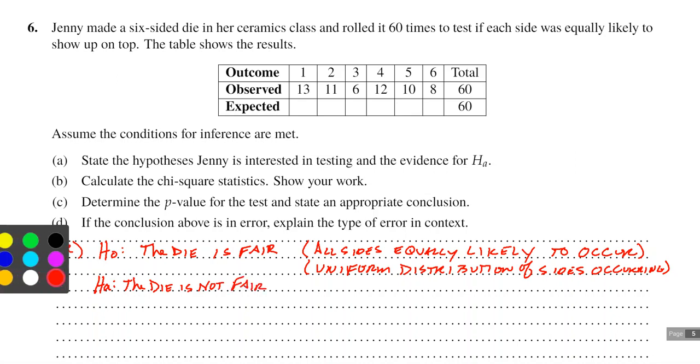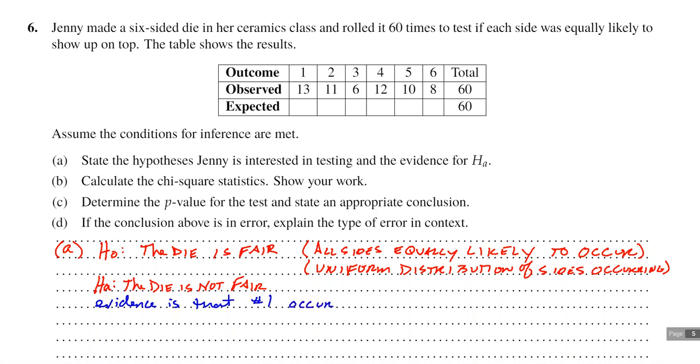And what would be our evidence for the alternative? Well, the evidence is that number one occurred more than twice as often as number 3 in 60 rolls of the die.